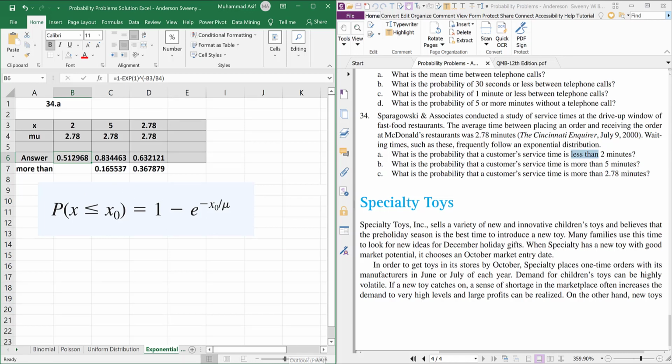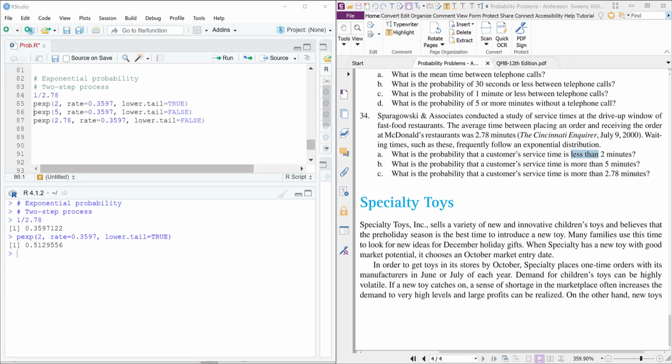and that's pretty much exactly the same probability that we also calculated with Excel. And then the next one is: what's the probability that a customer service time is more than 5 minutes? Now in this one, this is our command, that's 5 minutes, and then rate is the same, the inverse of average time. Lower tail, no, it's not lower tail, because the question is asking more than.